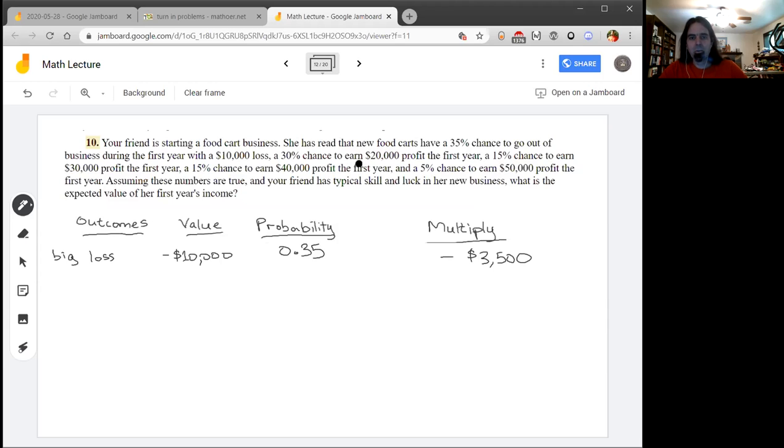The next category is we could have a small gain and earn 20,000 with a 30% chance. So that's going to be 6,000 positive.